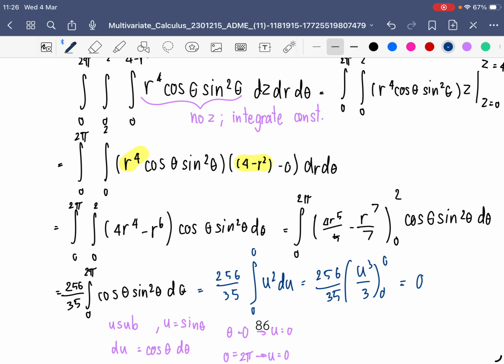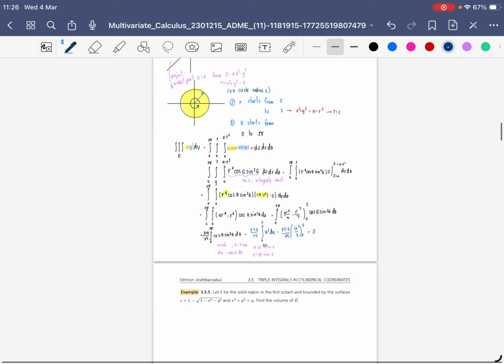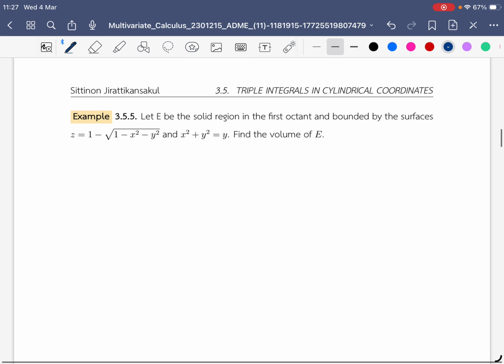Let me think. Let's simplify this. I overlooked this when I prepared this section. Z equals square root of 1 minus x squared minus y squared, and x squared plus y squared is y.